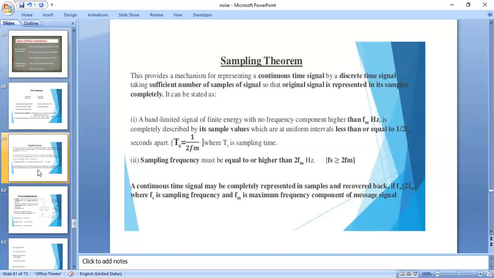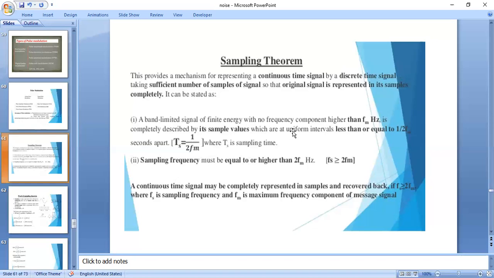How many samples we have to take to represent the original signal completely depends on the sampling theorem. The sampling frequency should always be greater than or equal to 2fm. To do sampling, the sampling frequency should be greater than or equal to twice the message signal frequency, that is fs is greater than or equal to 2fm.